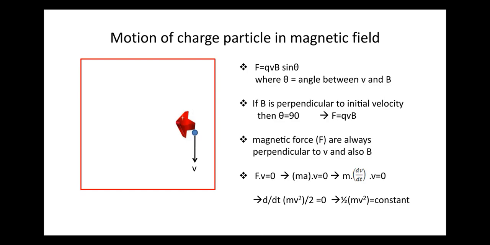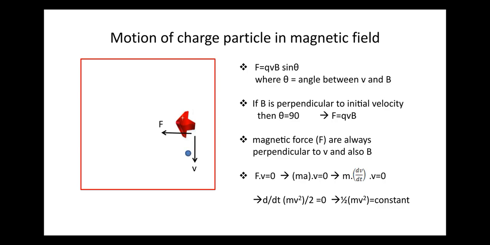This is the velocity of the charged particle, and the particle will experience a magnetic force, whose direction is shown here according to Fleming's left hand rule. Since force and velocity are mutually perpendicular, the particle will follow a certain resultant path, and you can see it start to follow that path.